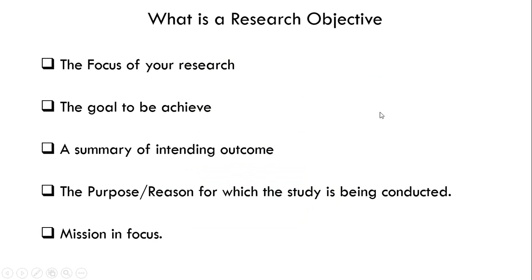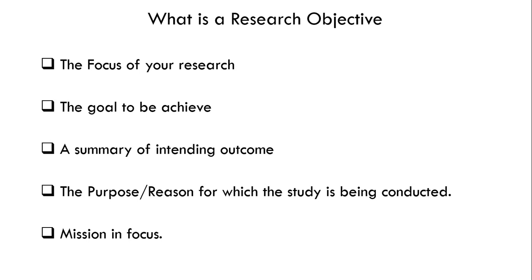Now, what is a research objective? To understand a research objective is to understand the focus of your research. Likewise, to understand research objectives, you mean the goal that is meant to be achieved while you are writing your research.